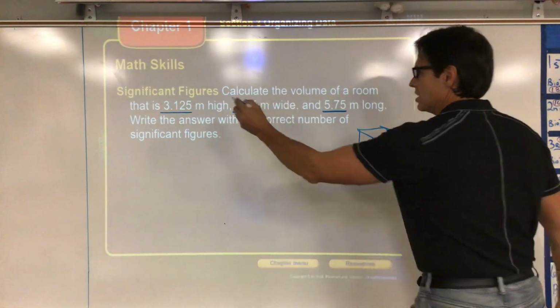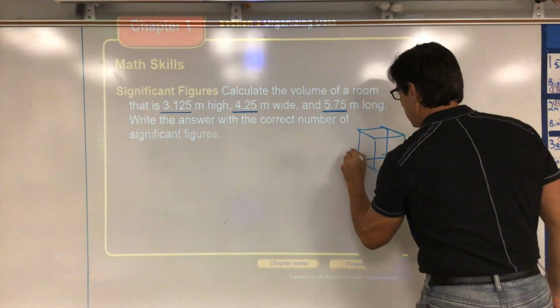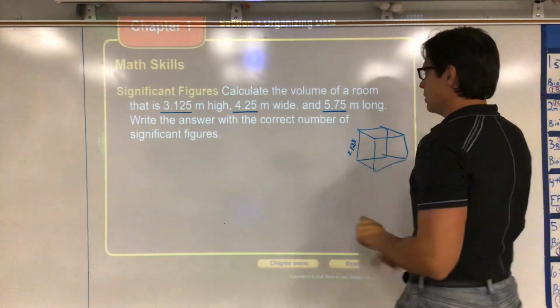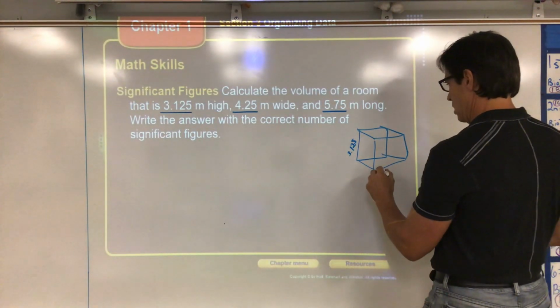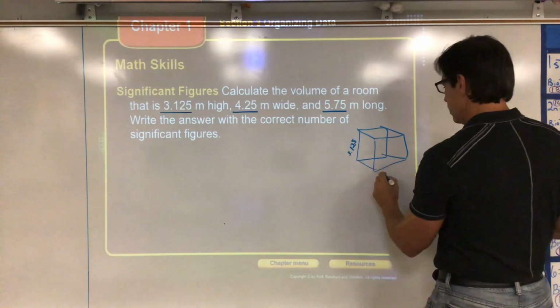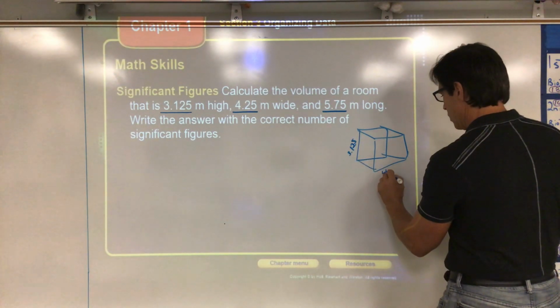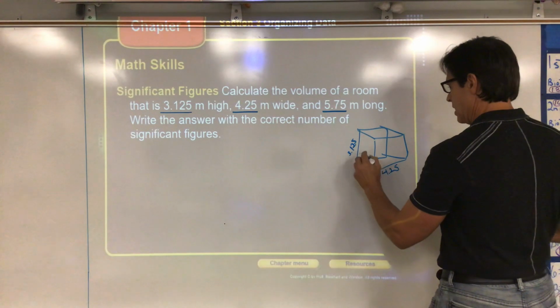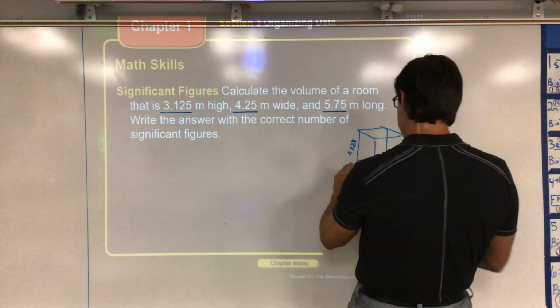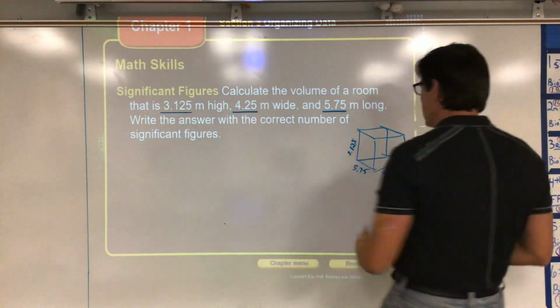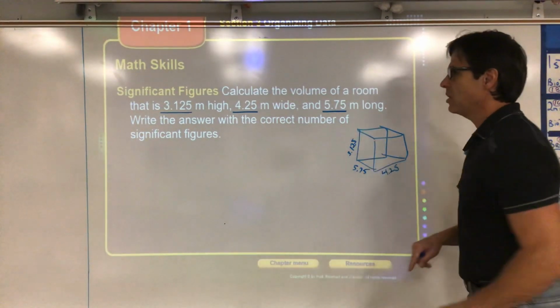So height-wise, here's my 3.125. Width, I guess it doesn't really matter width and long, so the width of it would be 4.25, okay? And I got that. So then, how long is it? 5.75. So what they're determining here is the volume.